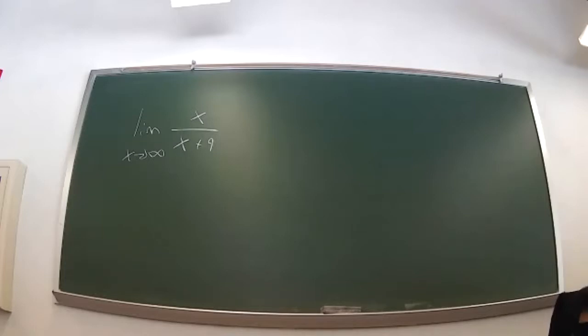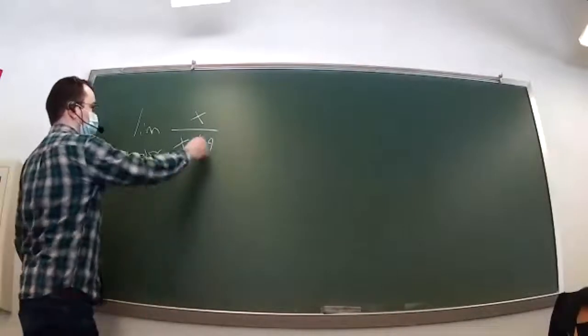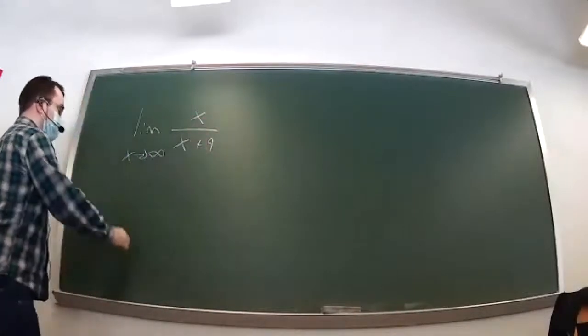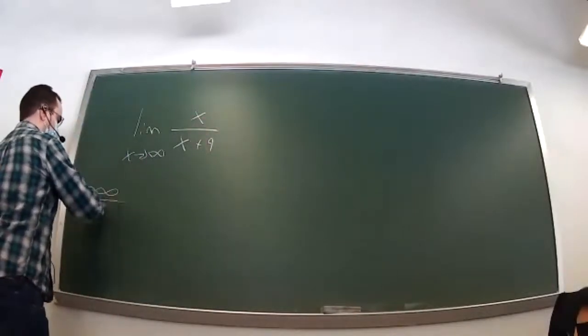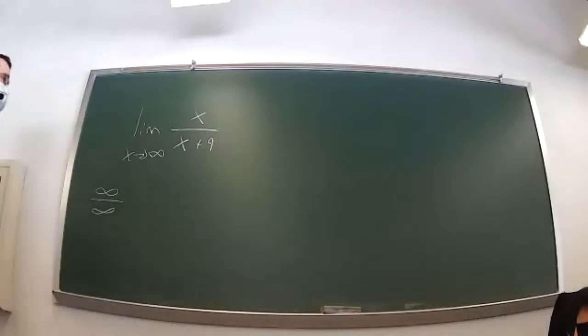I mean, you can't actually do that, but you can imagine, what if I let x increase without bound? And when you do that, you get infinity over infinity. So this is the indeterminate form, infinity over infinity.